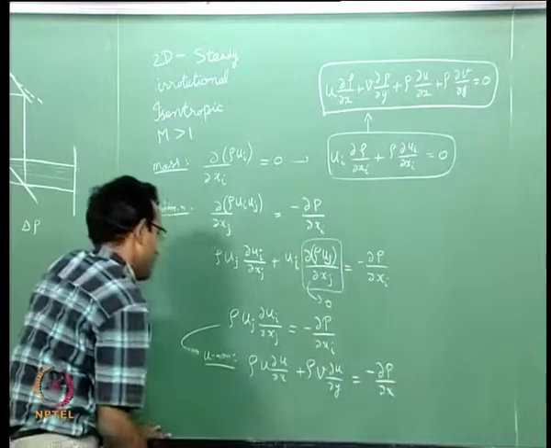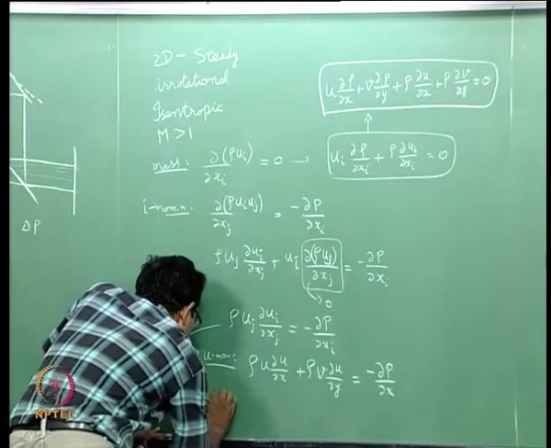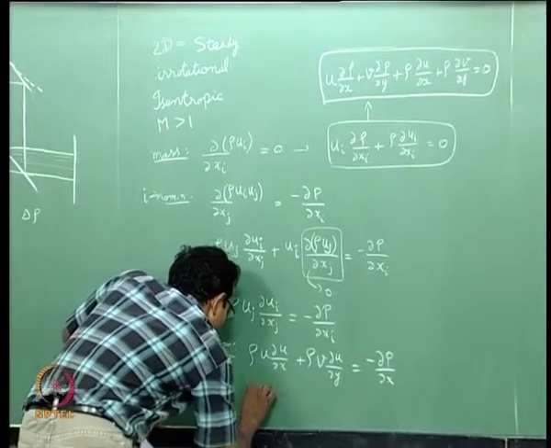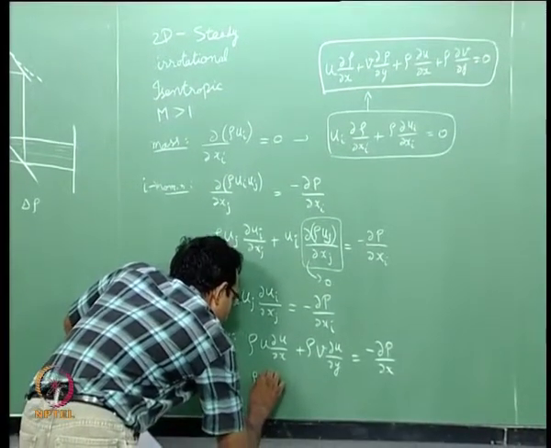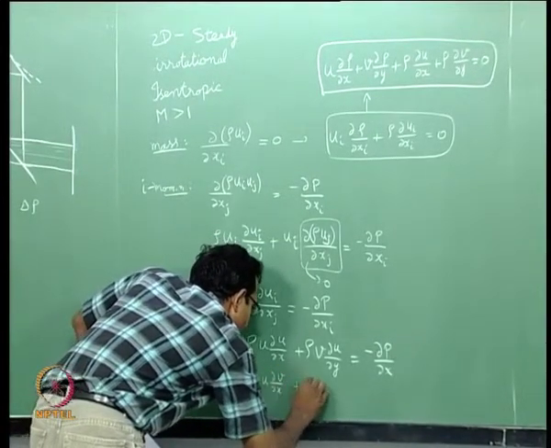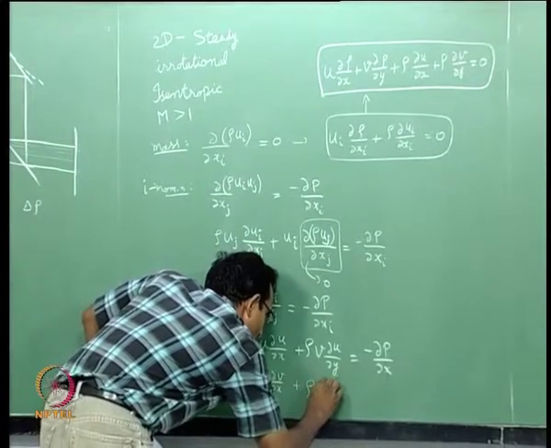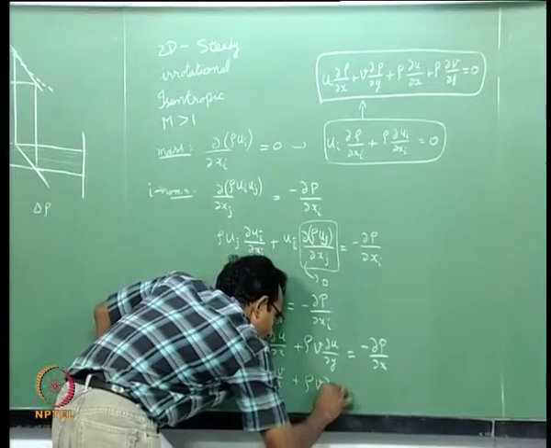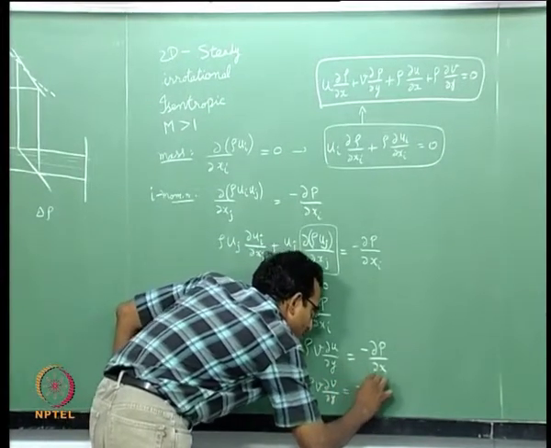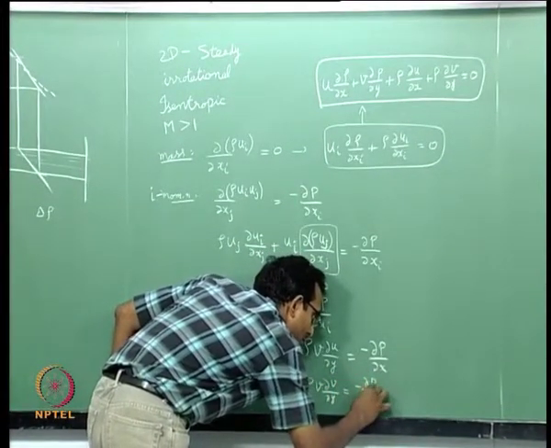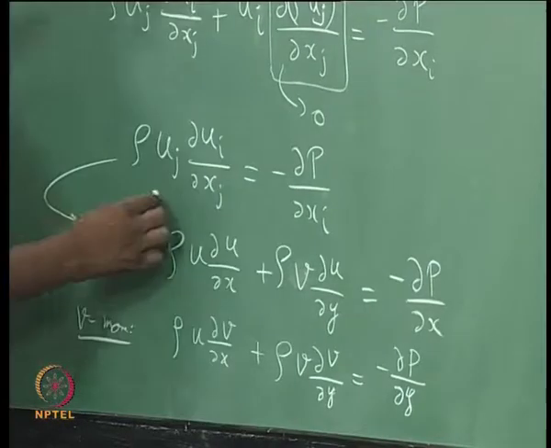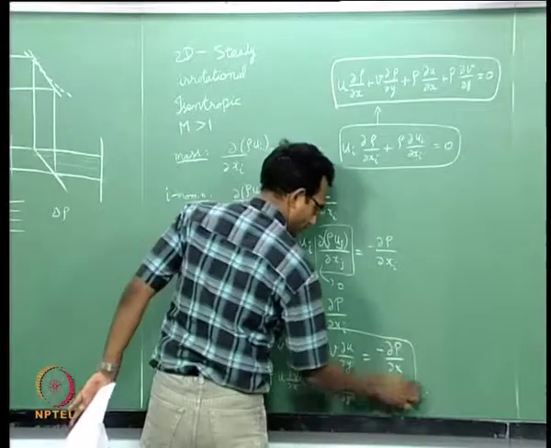This is one equation, and the other one, the v momentum, is going to be rho u ∂/∂x of v plus rho v ∂/∂y of v equal to minus ∂p/∂y. These are my momentum equations, two of them here.